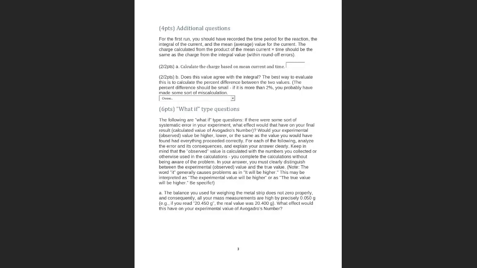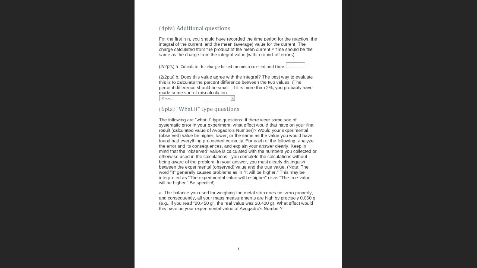So for example, let's look at this. It says the balance you used for weighing the metal strip does not zero properly, and consequently, all your mass measurements are high by precisely 0.050 grams.